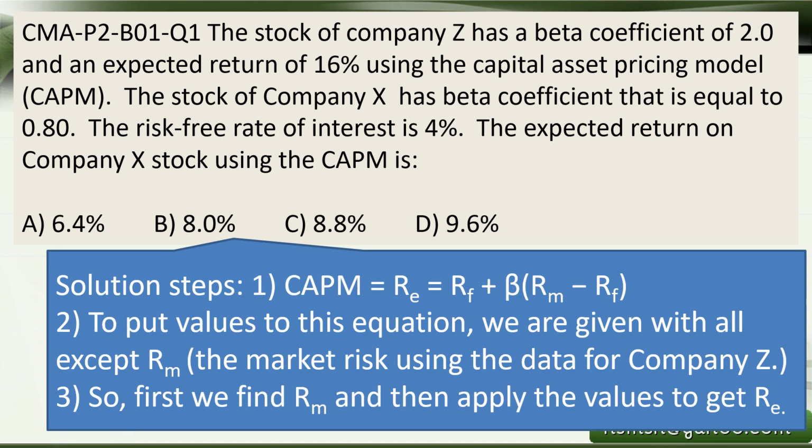To put values into this equation, we are given all except the market return for the portfolio. That is the only thing that we have to find out. So first we find the RM.